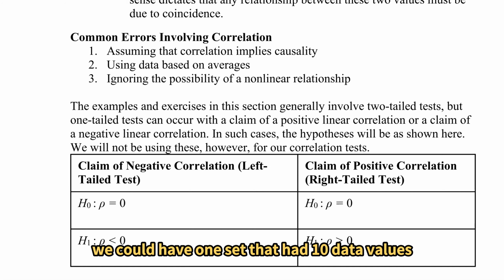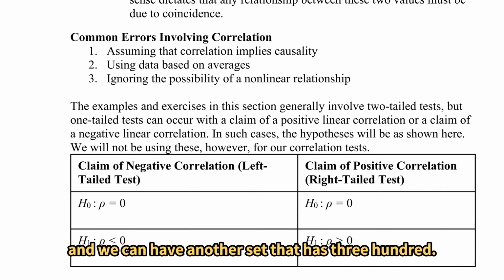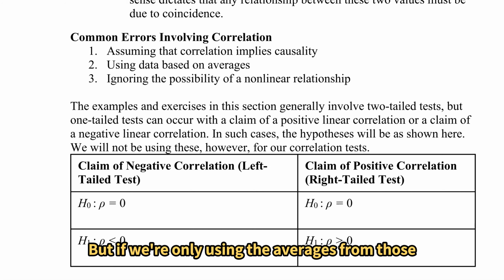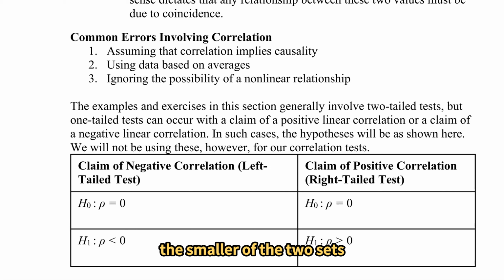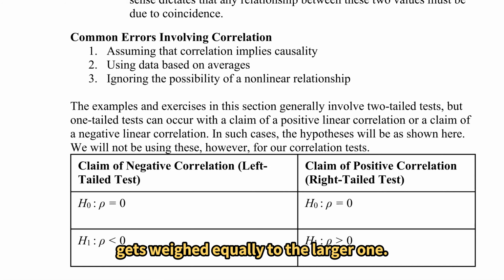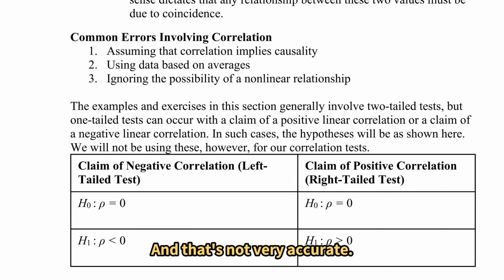So we could have one set that had 10 data values, and we could have another set that has 300. But if we're only using the averages from those two data sets to somehow come up with a test, the smaller of the two sets gets weighed equally to the larger one, and that's not very accurate.